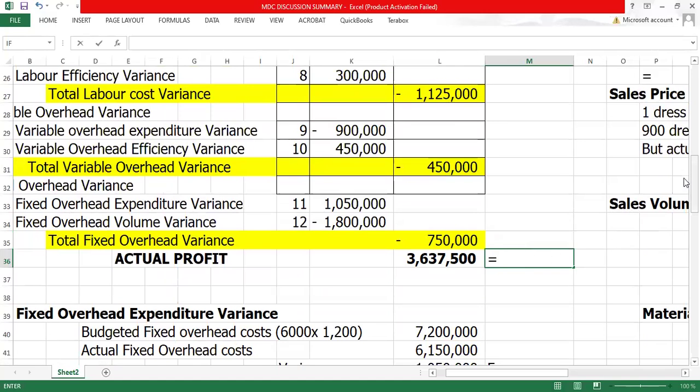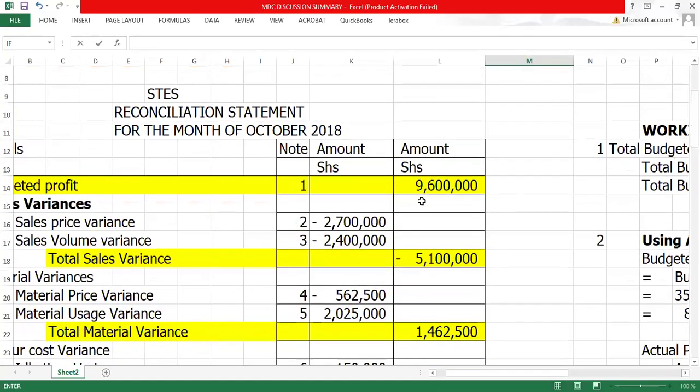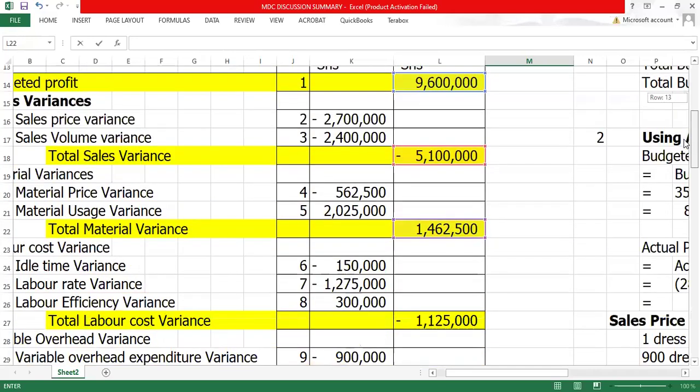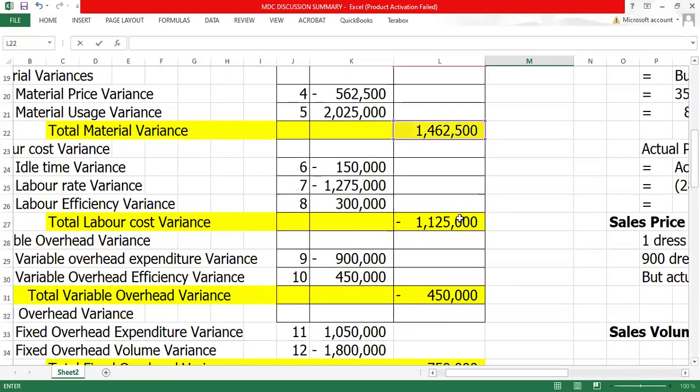Basing on this last column, me, I'm saying plus because it is already negative, but for you, if a figure is negative, you subtract.